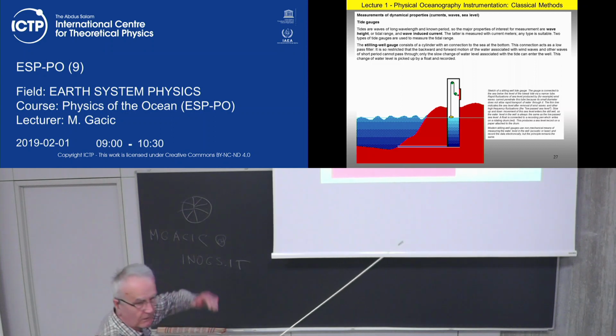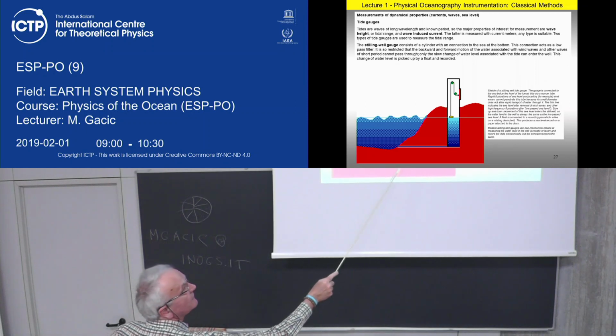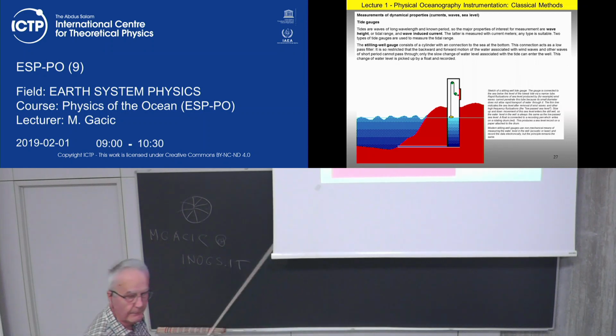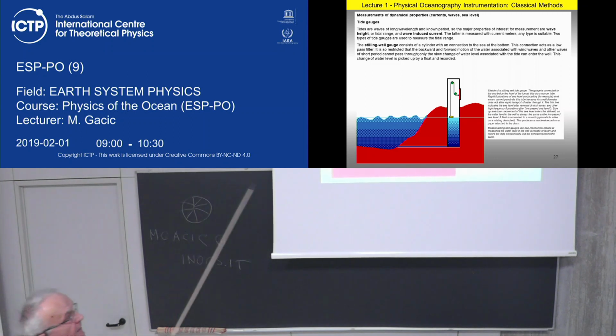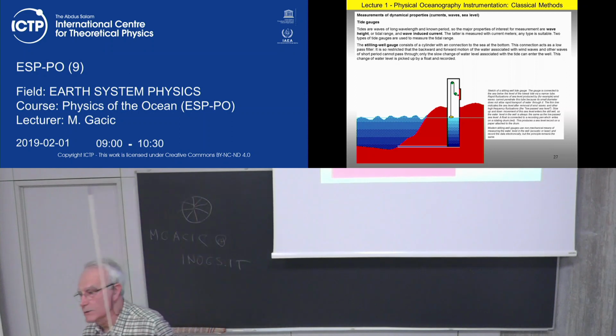There is a body which follows the sea surface up and down, and this is recorded on paper, so there is an analog registration of the tides, which used to be digitized once upon a time.